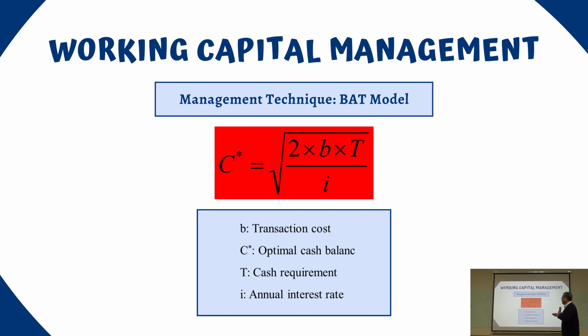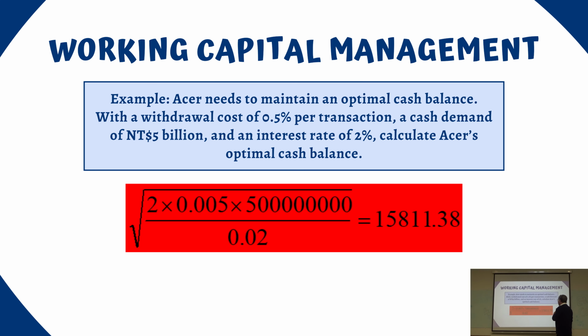You do the same thing: how much cash you should hold in hand. This is one example. So say the withdrawing cost is about 5% per transaction, the cash demand is $5 million, and the interest rate is 2%.